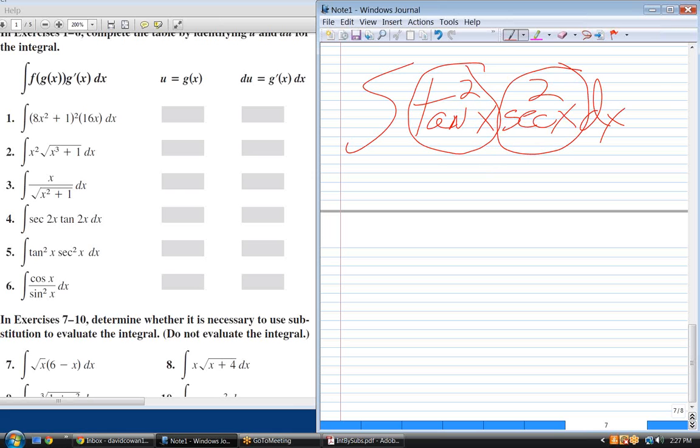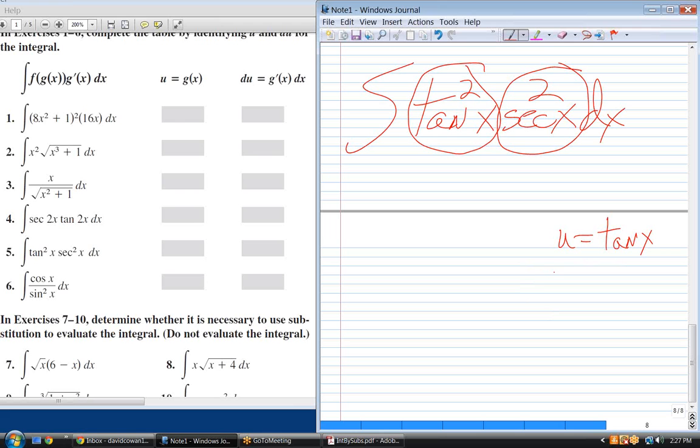Secant squared is the derivative of tangent. So if I let u equal just tangent x. Just tangent? Just tangent.